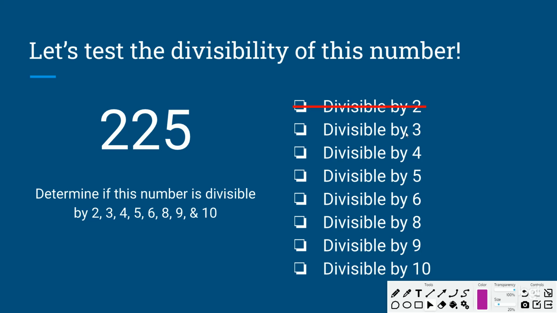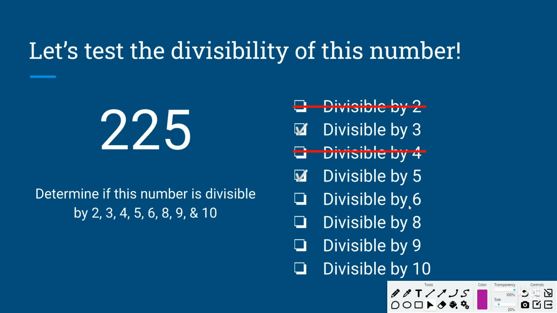Yes, it is. 9 divided by 3 is 3. So I know that this whole number then is divisible by 3. Is 25 divisible by 4? No, it is not. For 5, is the last number a 5 or a 0? Well, it is a 5, so the whole number is divisible by 5.